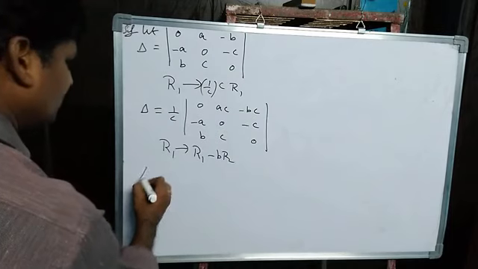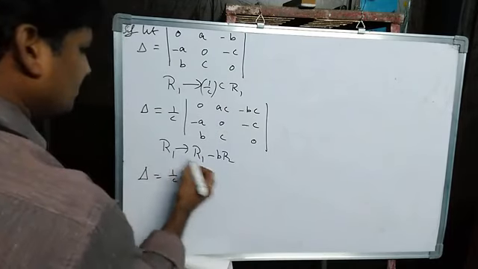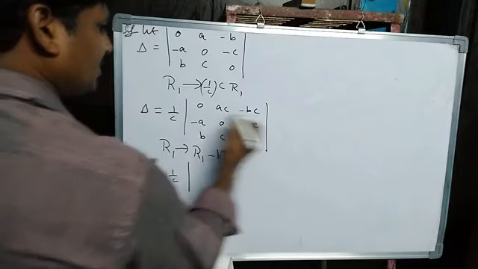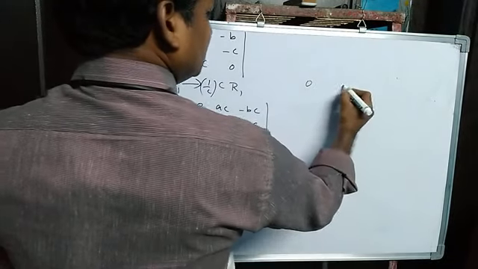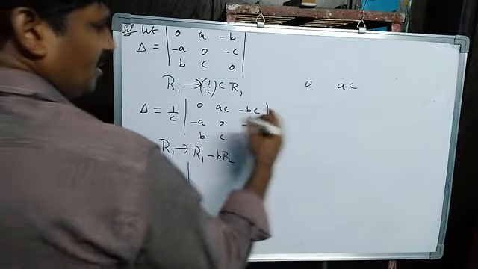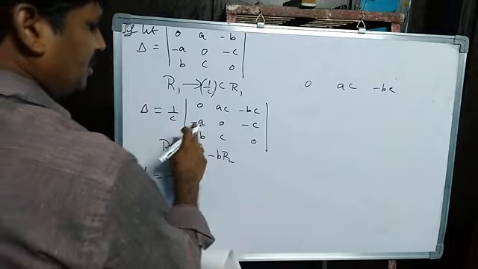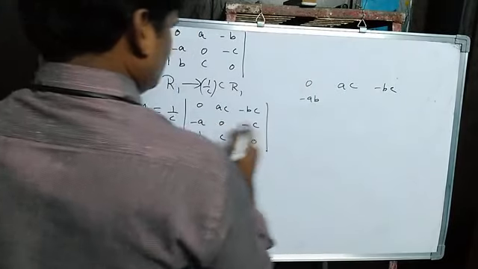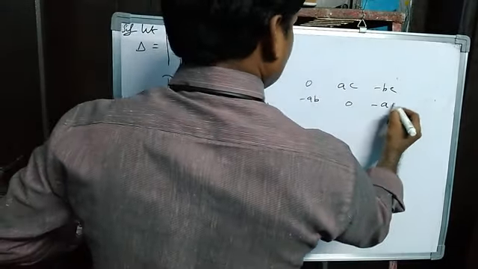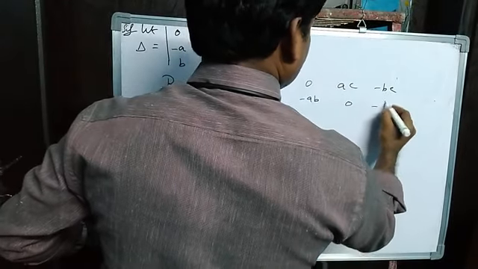Just apply this and you can get an idea. 1 by C determinant, R1 changes to R1 minus B R2. What is R1 here? 0, AC, minus BC. B into R2 is B times minus A, 0, minus C, that is minus AB, 0, minus BC.